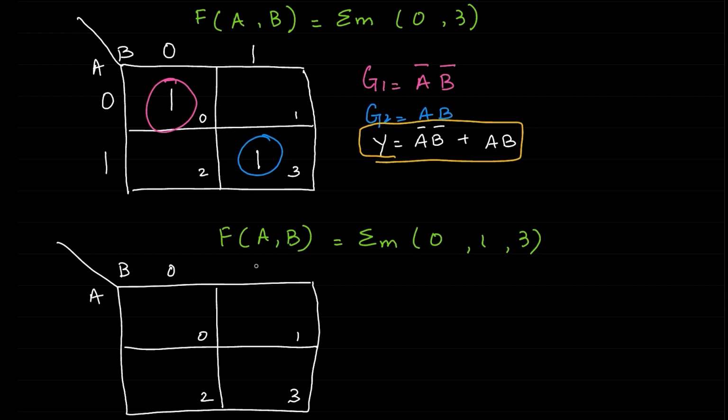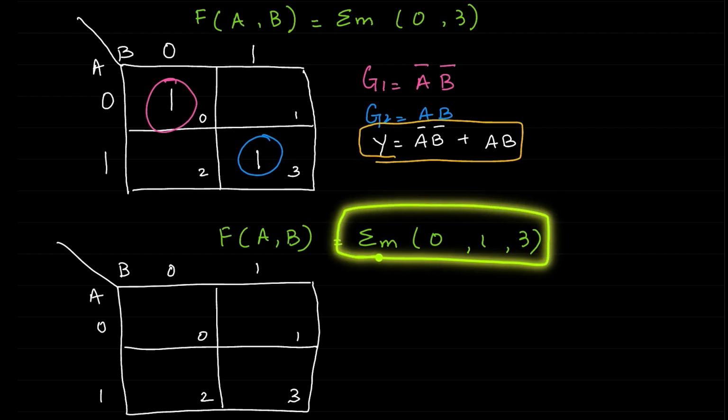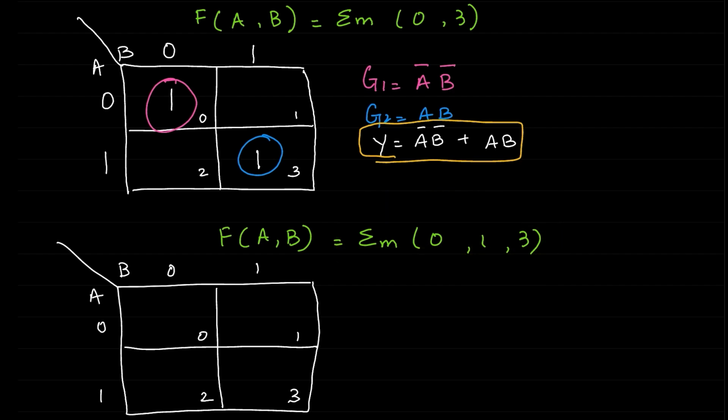It's B0, B1, B0, and B1. Again, we have to find out in which cells we need ones. In 0, 1, and 3 we need ones. Now the next step is to group the numbers.